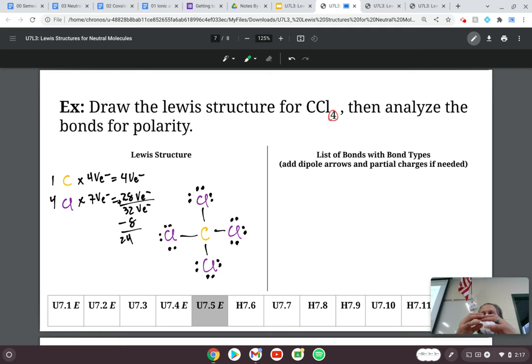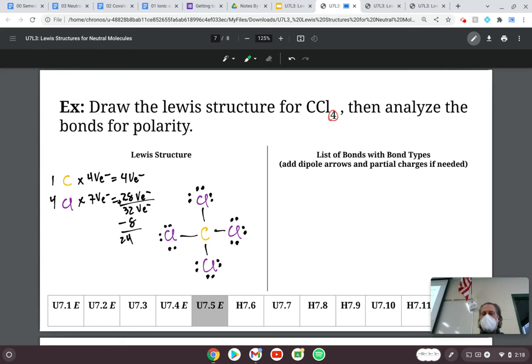So I needed to start adding electrons to each chlorine because prior to doing that, each chlorine only had 2 total electrons. So I added 6 electrons to each chlorine, using up all of my 24. Now, every chlorine has 8 valence electrons, 2 from a line and 6 from dots. Does that make sense?